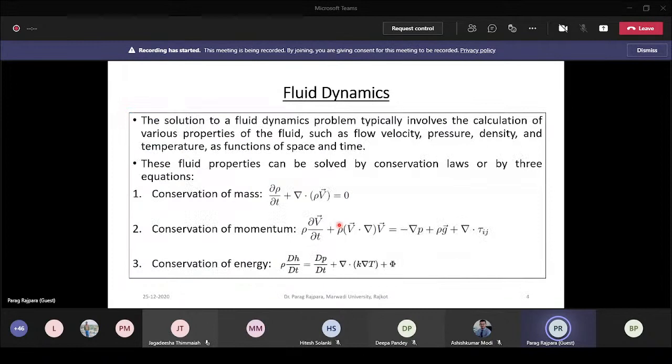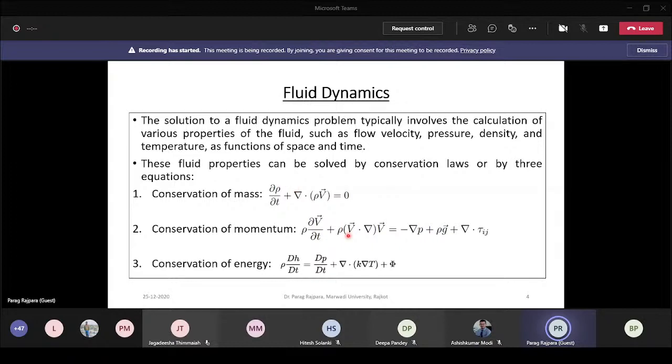Now, the most important thing is the solution to fluid dynamics problems. The solution of these problems is mainly based upon the fundamental governing equations. These equations are a set of mathematical statements which describe the physics of the problem, and your entire fluid dynamics is based on these mathematical statements.